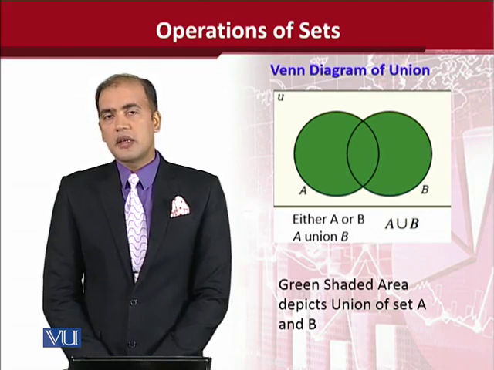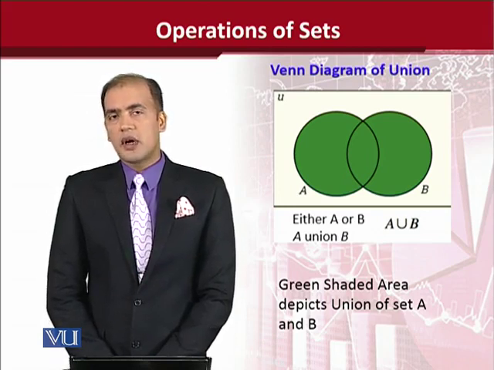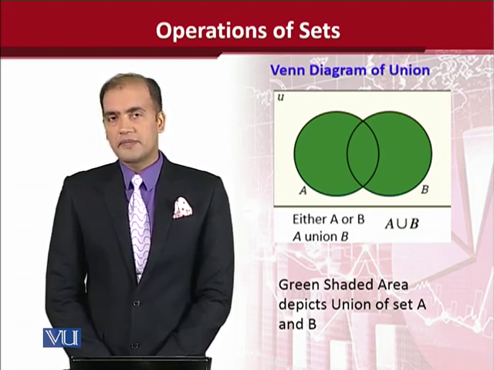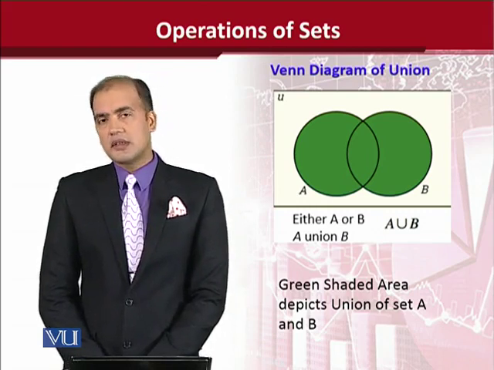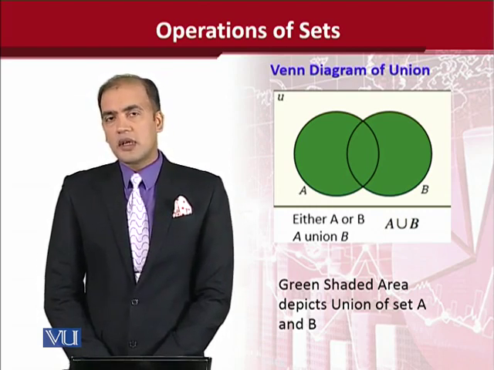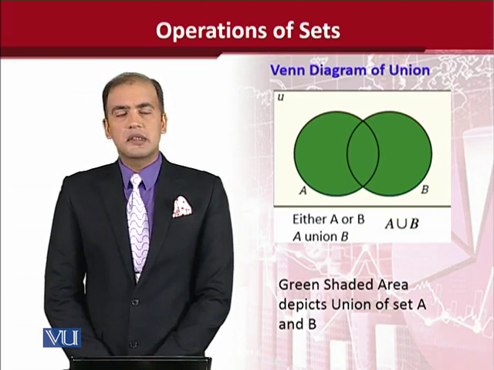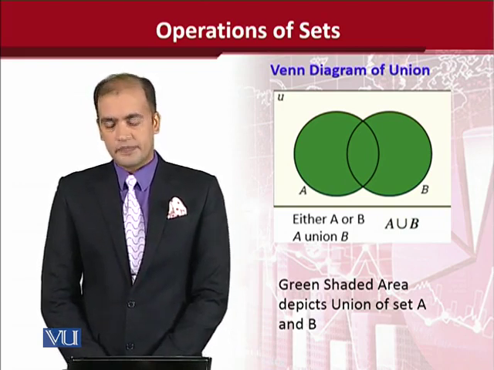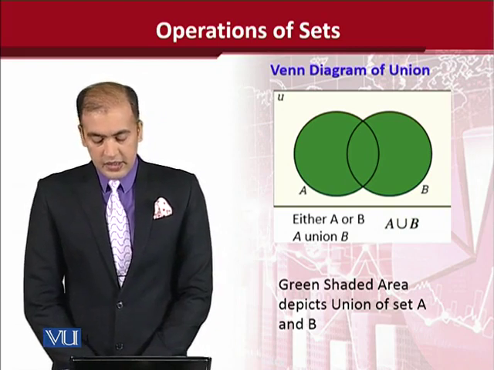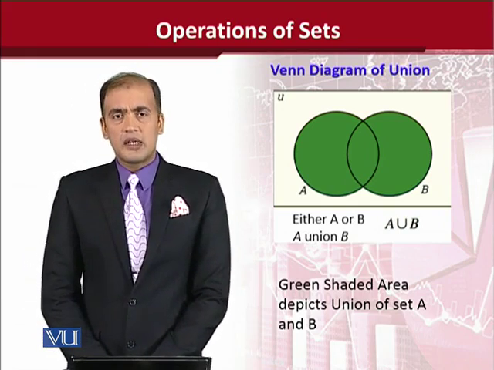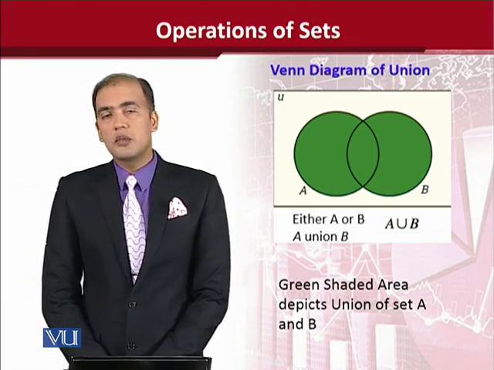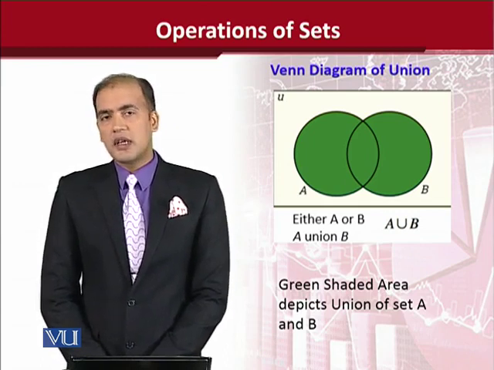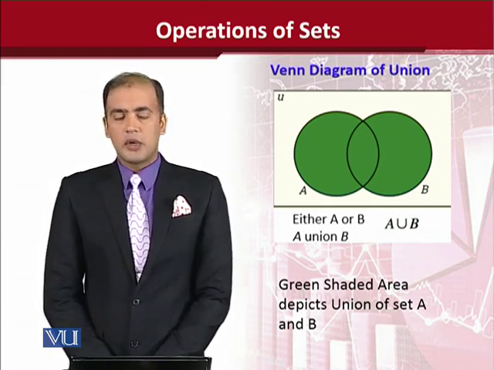In other words, in the union, the elements exist either in A or in set B. And all of this shaded green area is showing A union B.